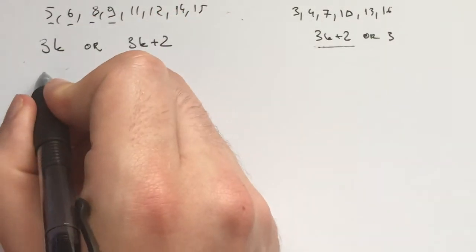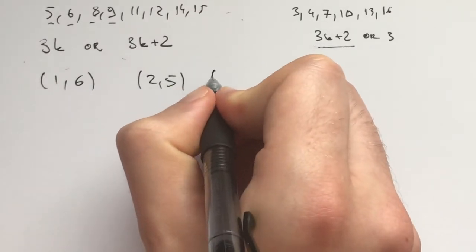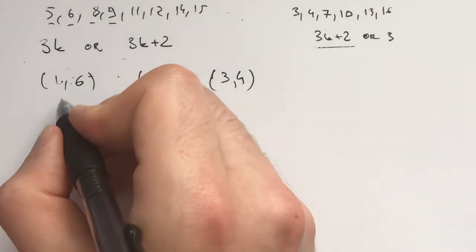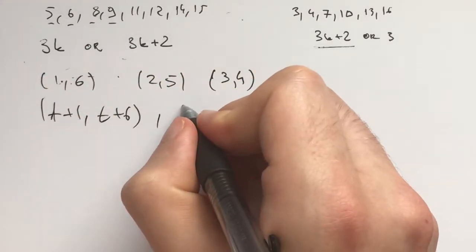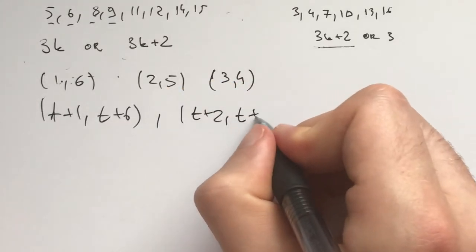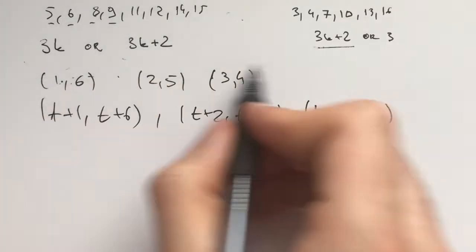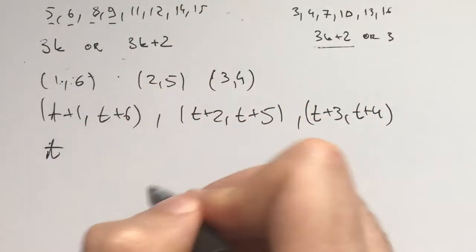And I know for 6, I have these numbers, 1, 6, 2, 5, and 3, 4. Now, if I add t to every single one of these numbers, t plus 1, t plus 6, the sums remain identical throughout. And now this is where the idea for induction comes in. Say I have a partition for t.